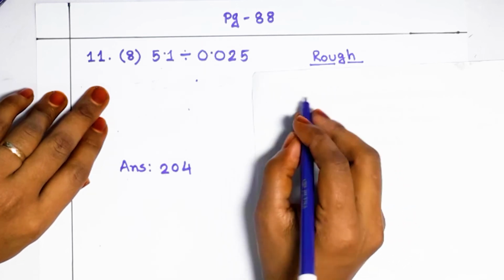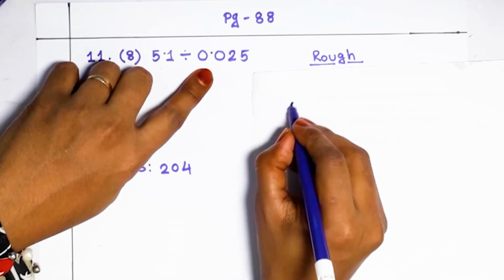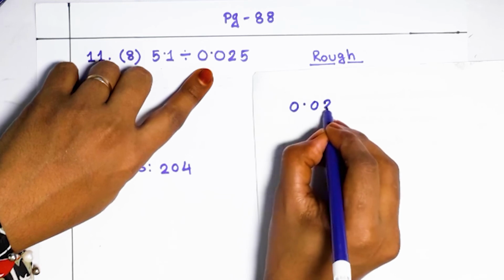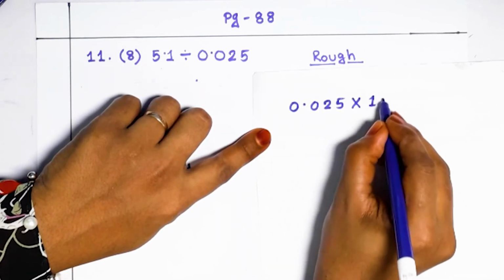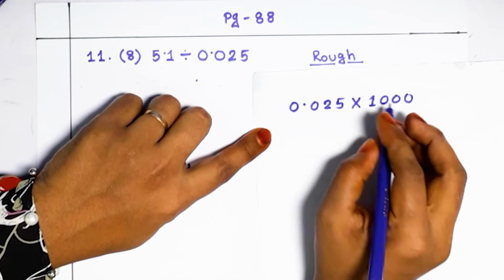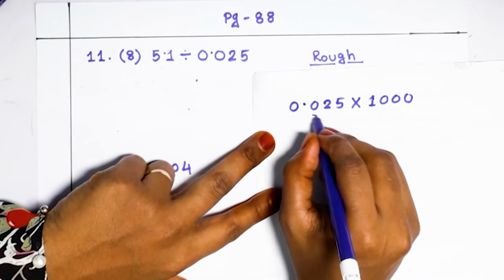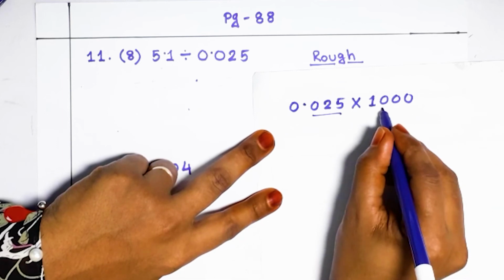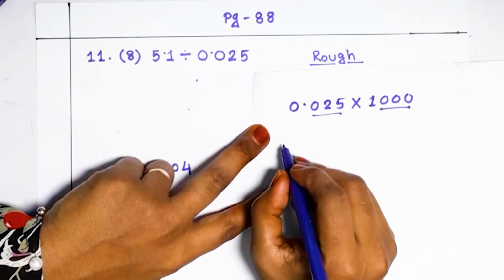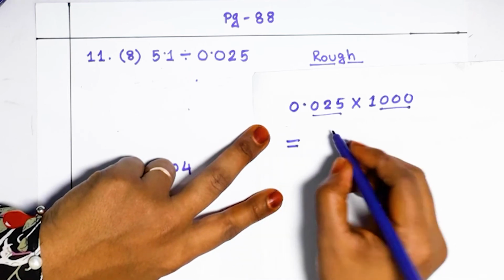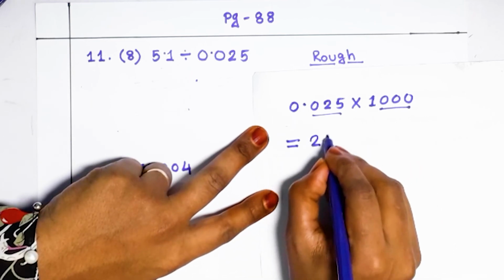That's why we will multiply this 0.025 by 1000. Why 1000? After the decimal here are 3 numbers. So here are 3 zeros. When we multiply this one, then it will make 25.